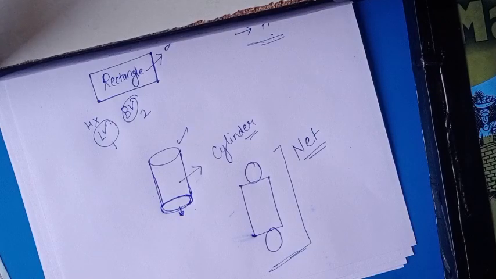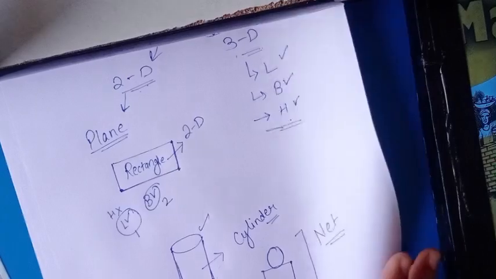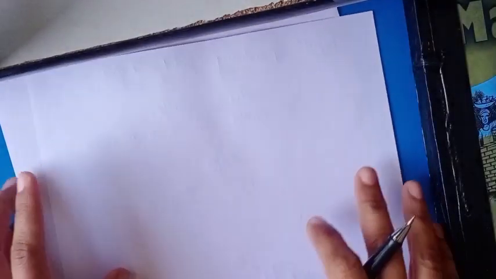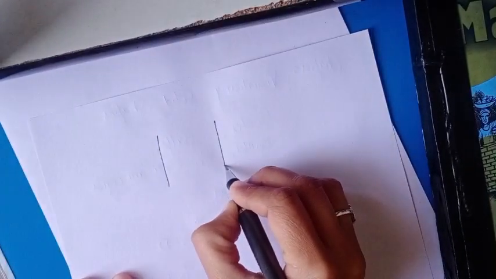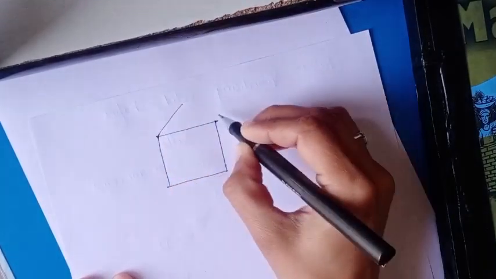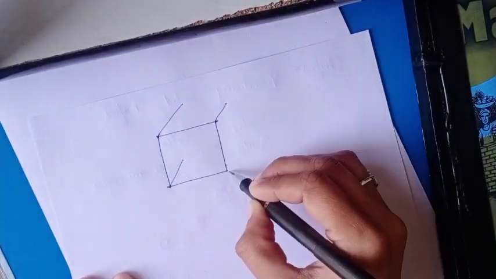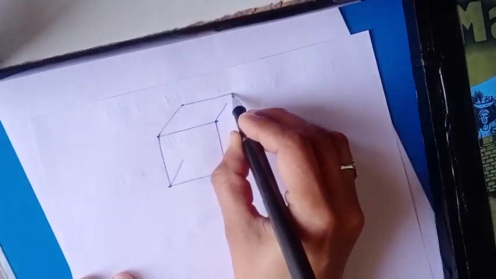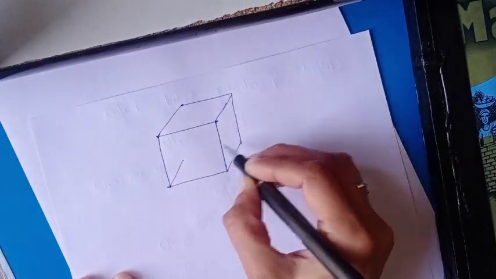Now we will discuss our next figure. In our previous class we also learned how to draw a 3D shape of a rectangle and of a square.